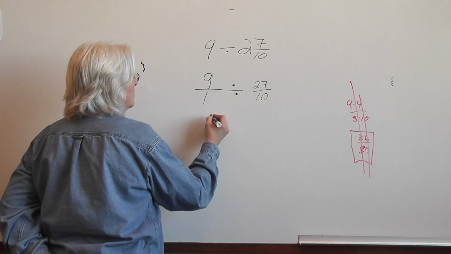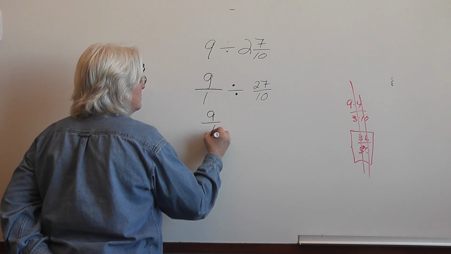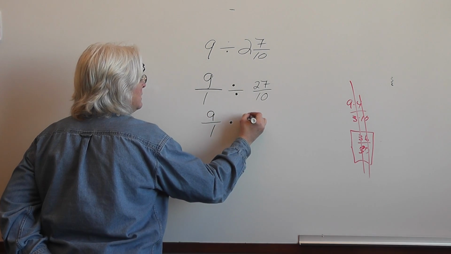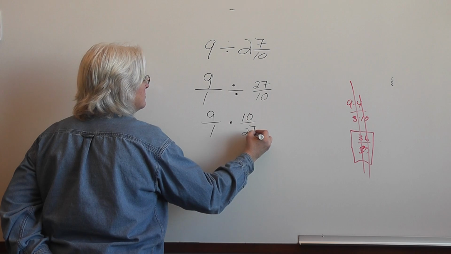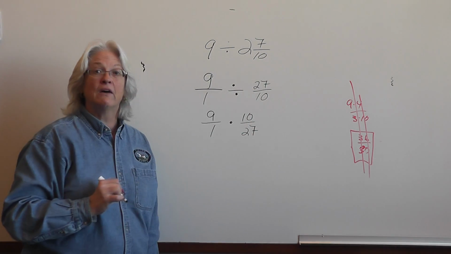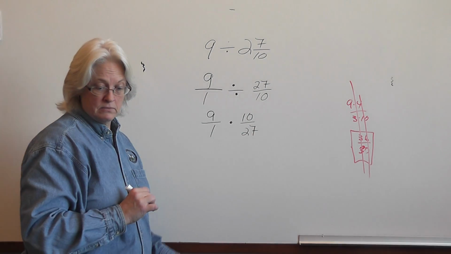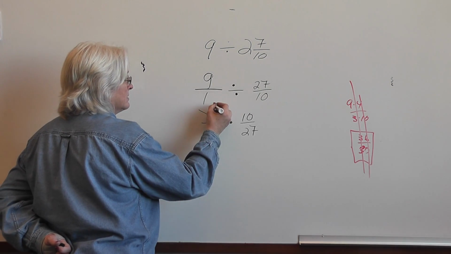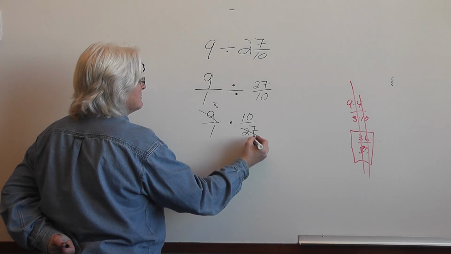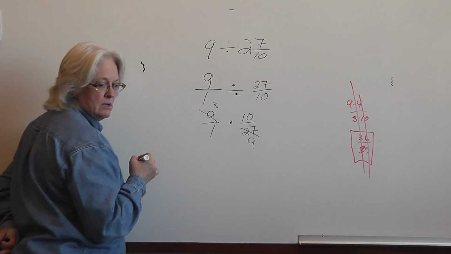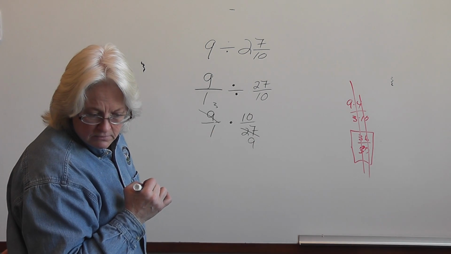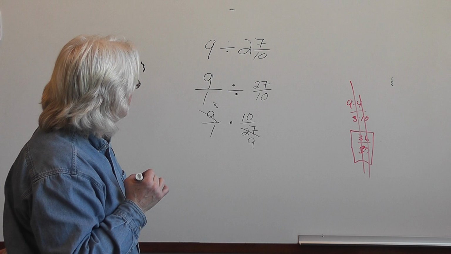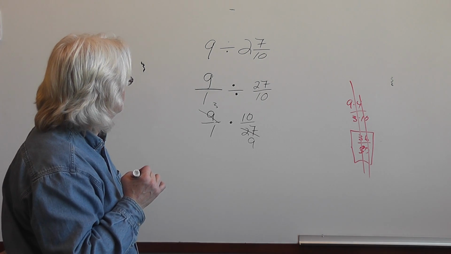Now in order to divide, we multiply by the reciprocal. Do we have any common factors here? Sure we do. 9 divided by 3 is 3. 27 divided by 3 is 9. Do we have anything else going on?